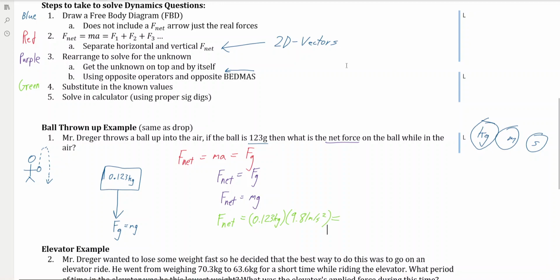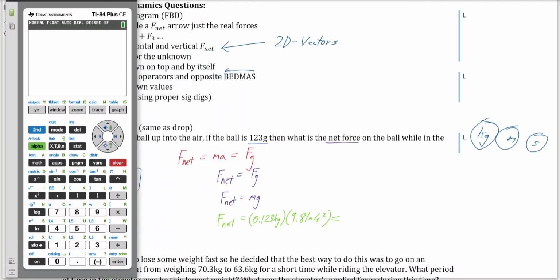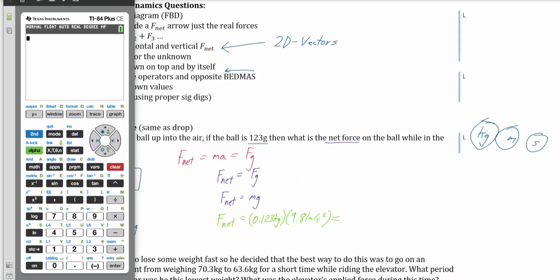And now we need to get our final answer. So now we're just going to plug this into our calculator. I just want to show this to you guys. That's part of the benefit of using this computer here. I can show you how I would be writing this into my calculator.